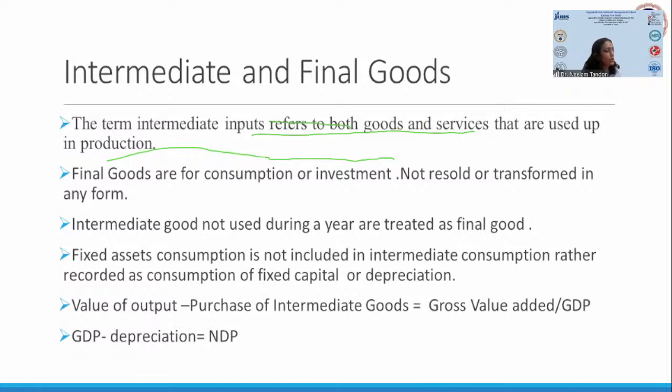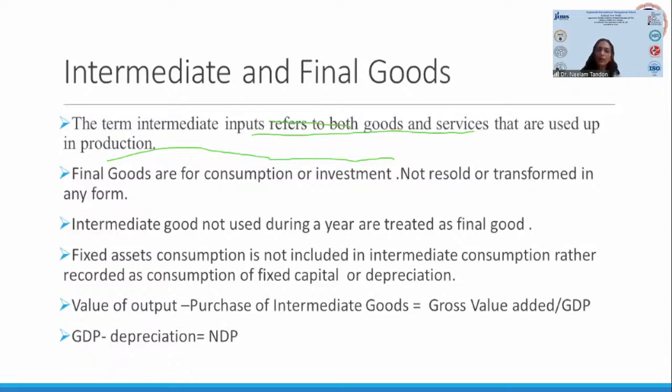Countries all across the world calculate GDP, gross domestic product, rather than calculating net domestic product by deducting depreciation. When we want to calculate for India specifically, to get new insights, such as whether consumption of fixed capital is making more impact, we have to work on the depreciation component. So that's more important from a country-specific perspective.